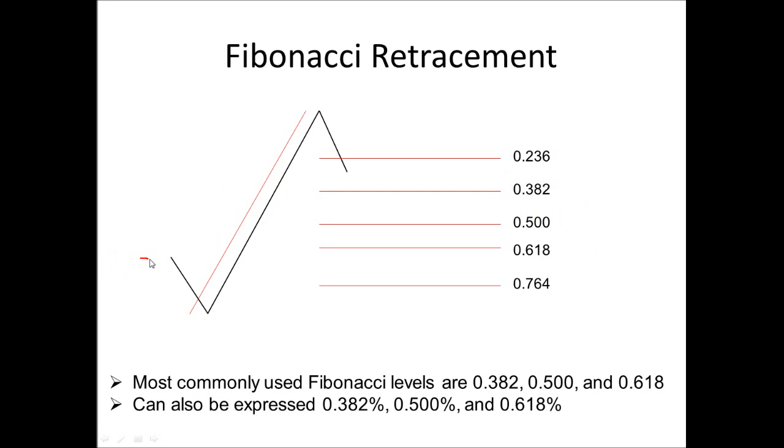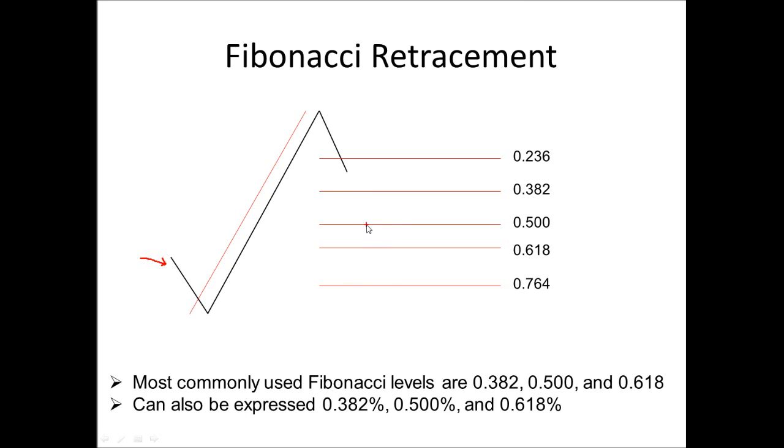If you could imagine, this black line is an uptrend. We've had a retracement followed by a rally to the upside. Now price is pulling back or retracing again. We would use the Fibonacci retracement tool to measure the start and end of this rally or push, and then the Fibonacci tool will automatically calculate these ratios for us.